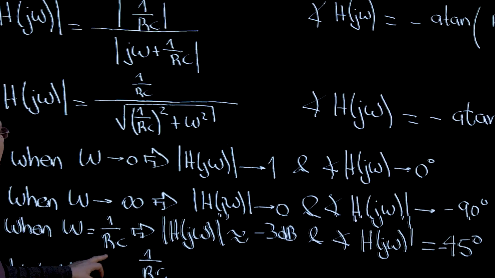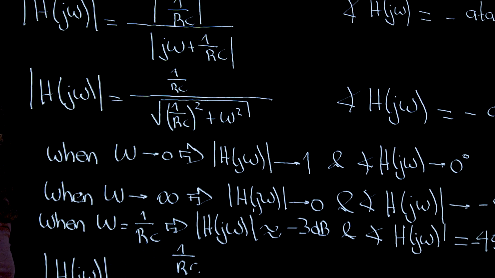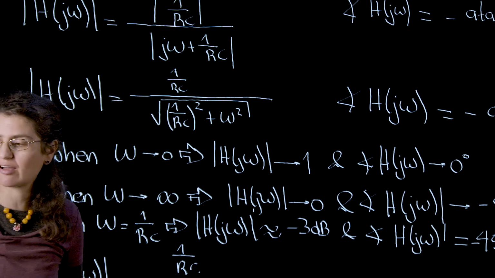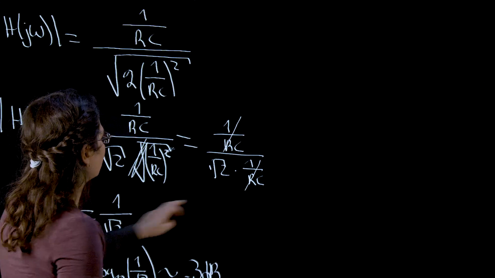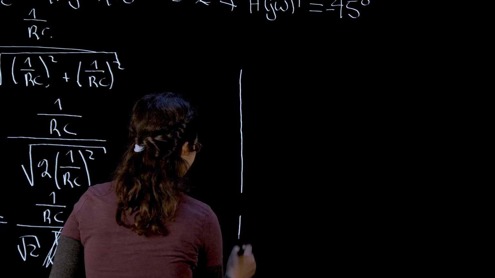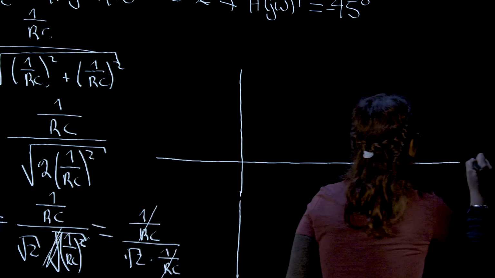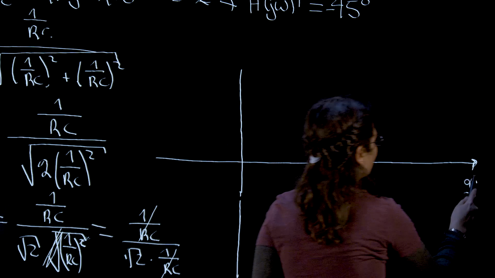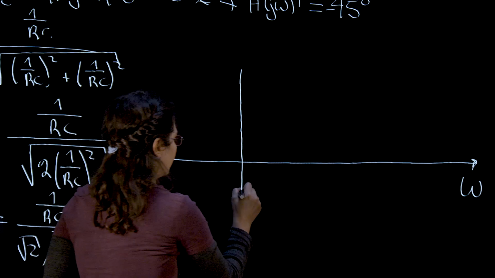So what does this mean? We can basically plot this behavior in a plot where I have frequency on the x-axis. So I'm going to plot my magnitude. Here I have the frequency axis, or let's put omega to be more precise.